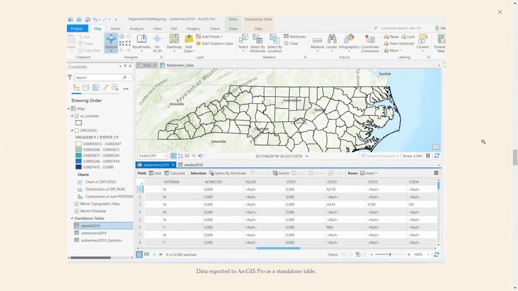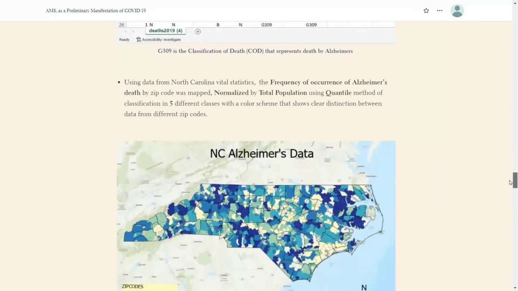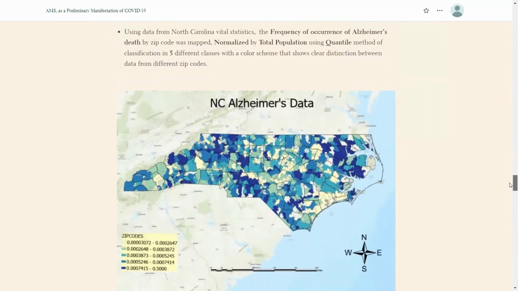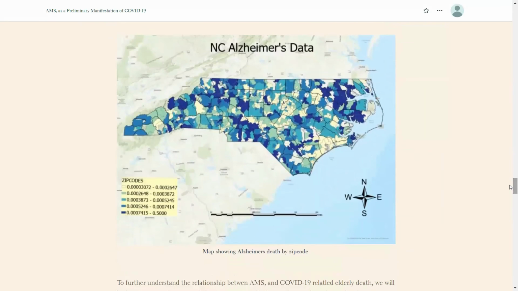I made a nice and neat graduated color map where the frequency of Alzheimer's deaths was normalized by population using the quantile method of classification. So here is the map showing the distribution of Alzheimer's deaths by population.